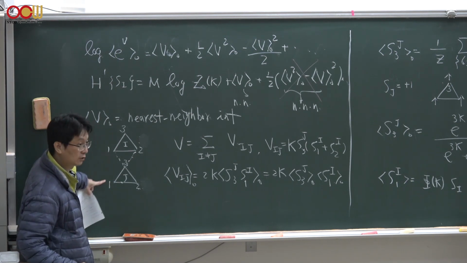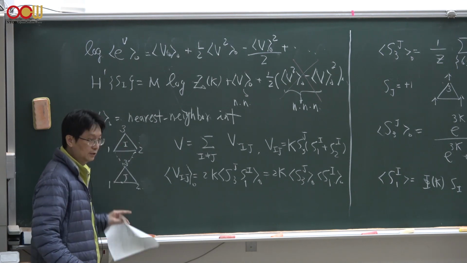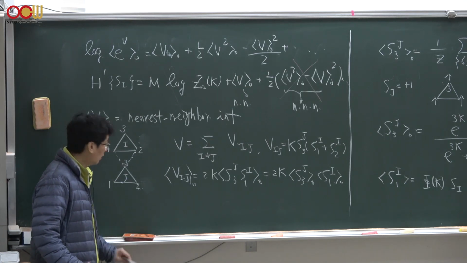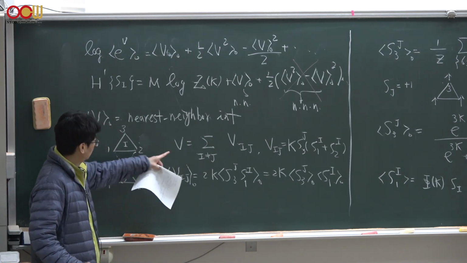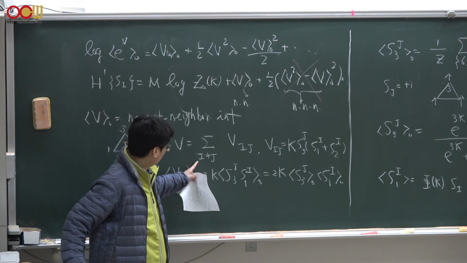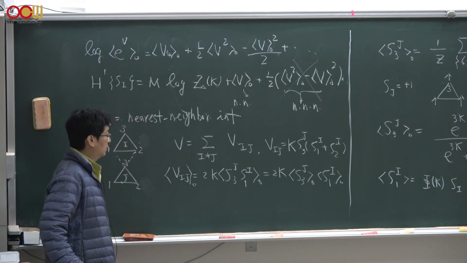I use two triangles to represent the nearest neighbor blocks, with 1, 2, and 3 indicating the associated spins on each individual block. And this V term is nothing but the sum over nearest neighbor blocks, capital I and capital J, of this V_IJ term, where V_IJ is simply the coupling between the nearest neighbor blocks.